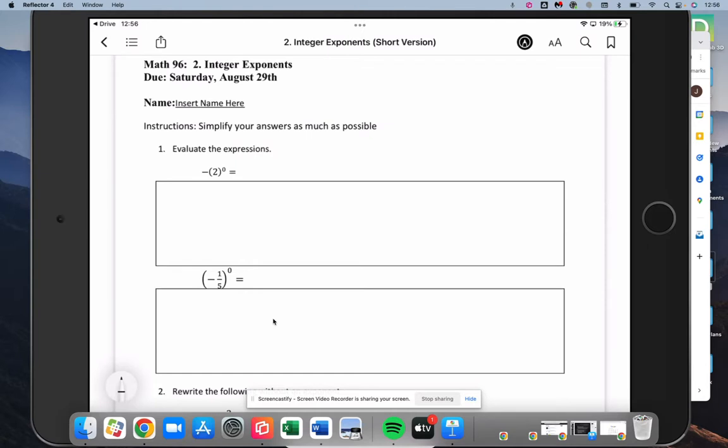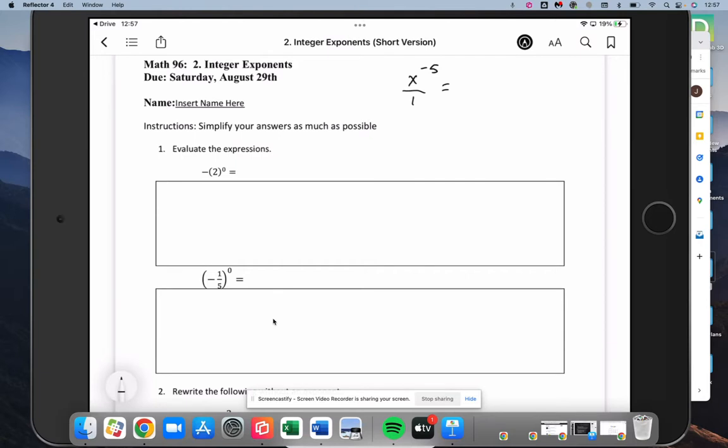And so what we've got, starting off, there's a little bit of teaching I need to do before we can actually do anything with this. And it's this idea of how we handle negative exponents to make them positive. Let's say that we had something like x to the negative 5. X to the negative 5, if it was a fraction, would be the same thing as x to the negative 5 over 1. Now, in order to make an exponent positive, what we have to do is move it from the numerator to the denominator, or vice versa, from the denominator to the numerator, whichever is the opposite of what it is.